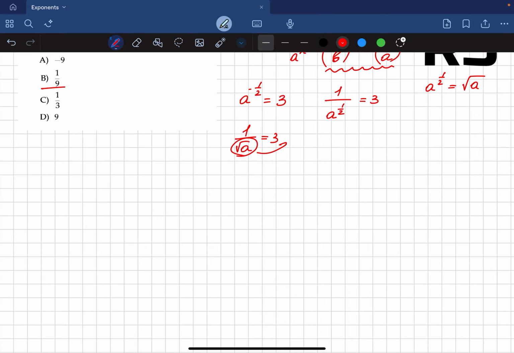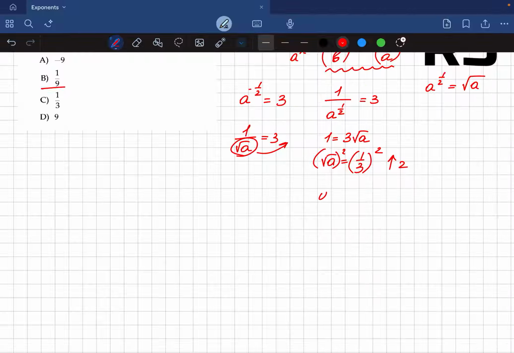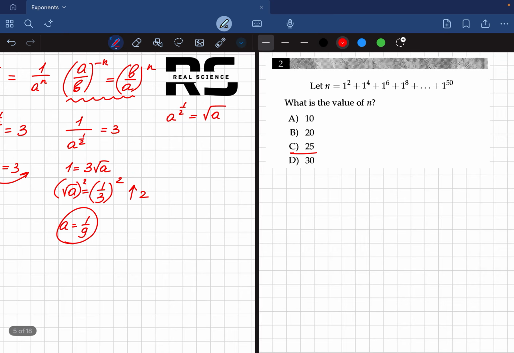Now let's multiply square root of a to the right side. That's going to be 1 equal to 3 square root of a, and square root of a is equal to 1 over 3. And in order to get rid of the square root, we just raise both sides to the power of 2. So we just square both sides. That's going to be a is equal to 1 over 9. So this is our answer.